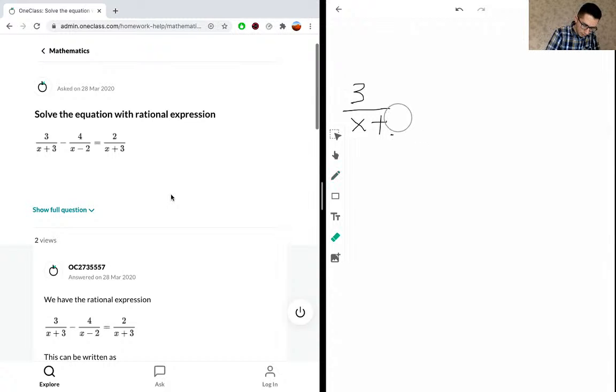Let's just erase this. There are multiple ways of starting off this question. I'll show you the best way to simplify your solution. Then we have 2 over x plus 3.